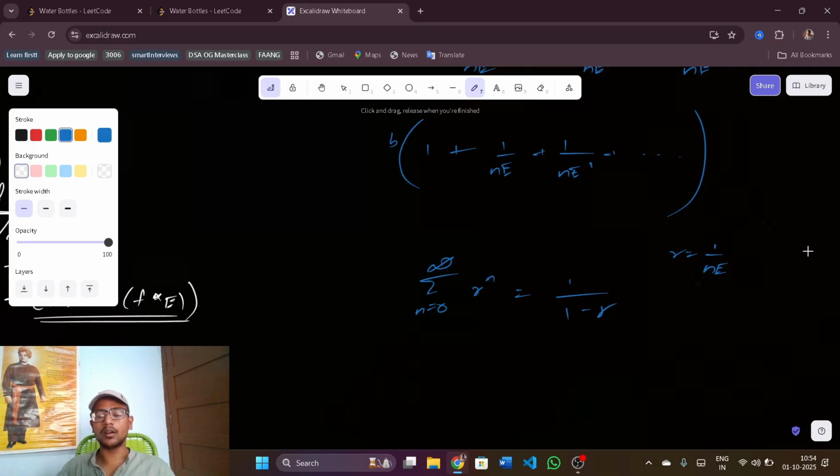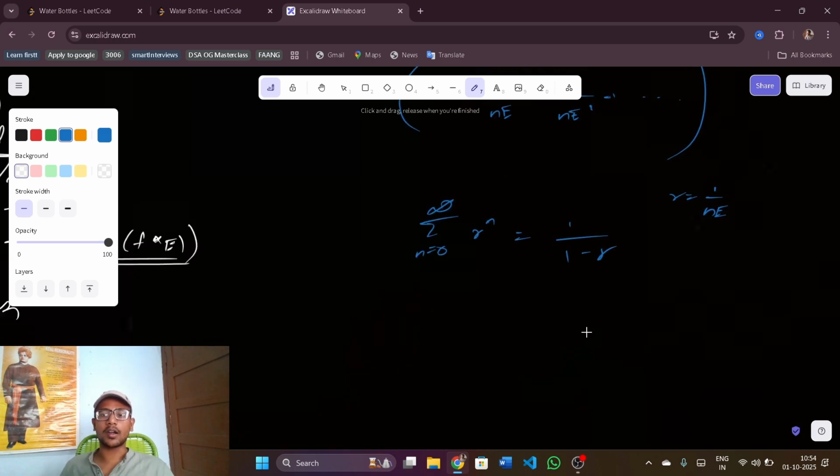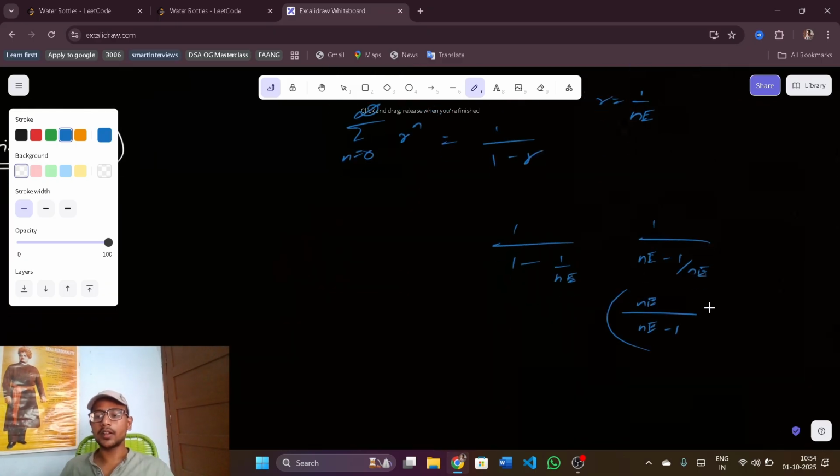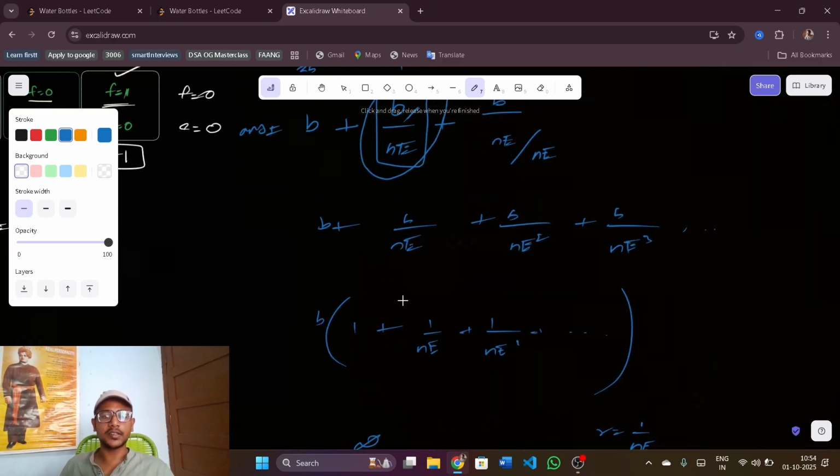So it will be nothing but 1 by 1 minus 1 by NE. So it can be written as NE by NE minus 1. This is the geometric progression part.